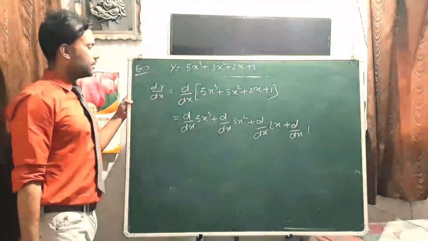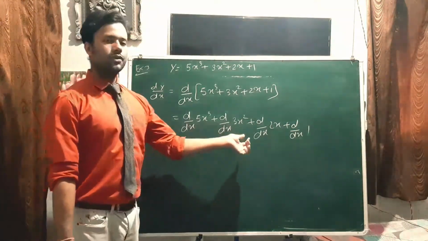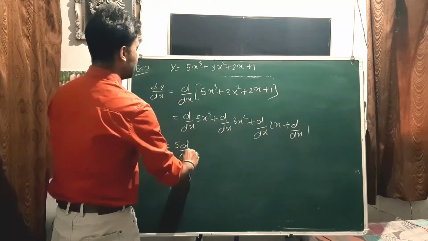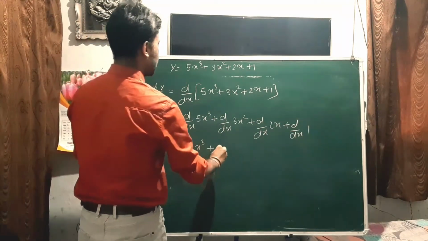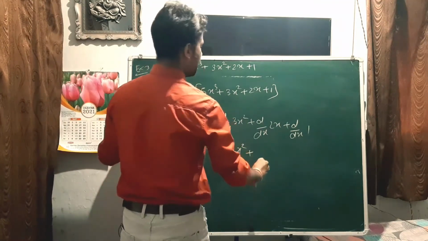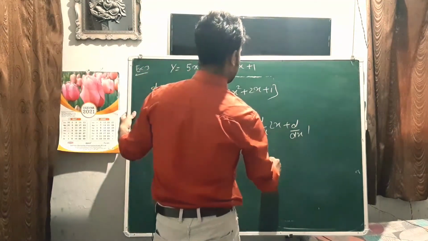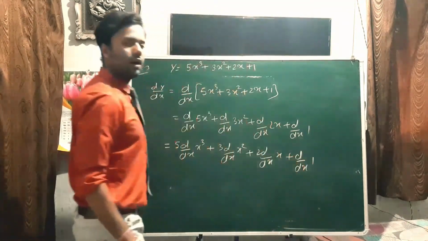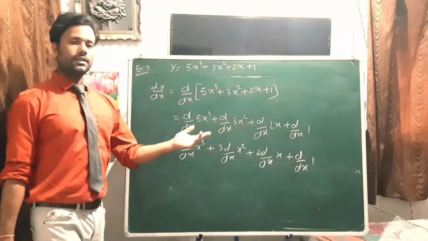Now what is the next step? Take the constant out. It will become 5 d by dx of x cube plus 3 d by dx of x square plus 2 d by dx of x plus d by dx of 1. Now apply the formula n x to the power n minus 1.